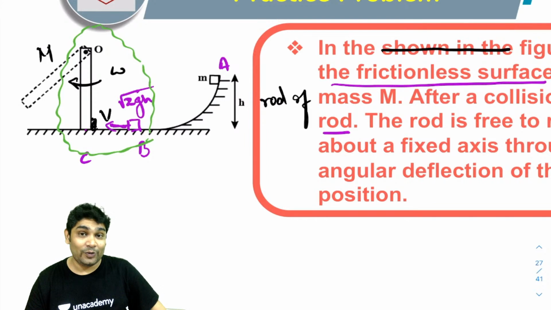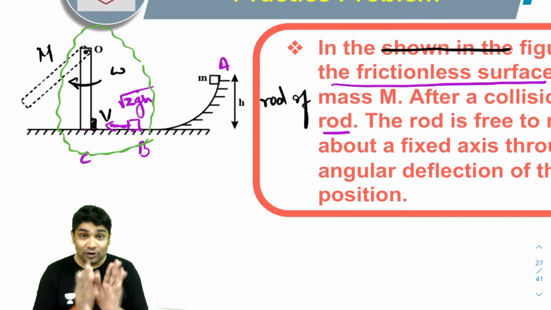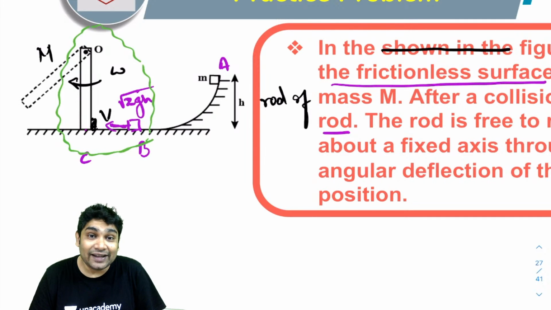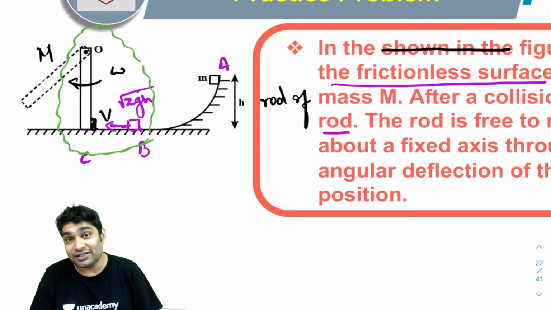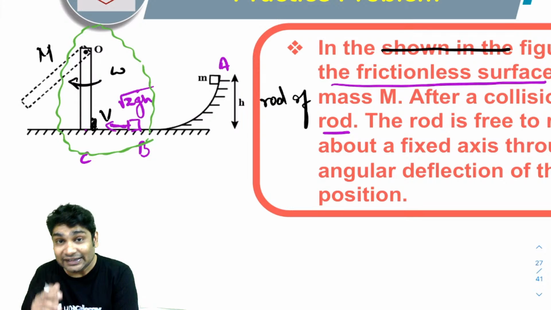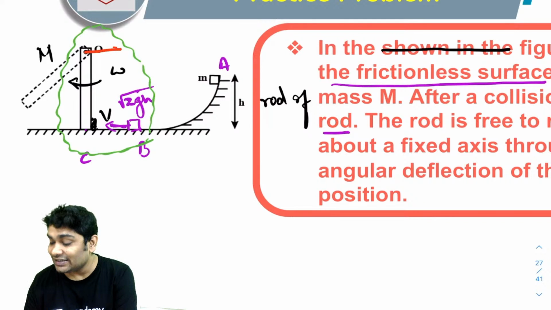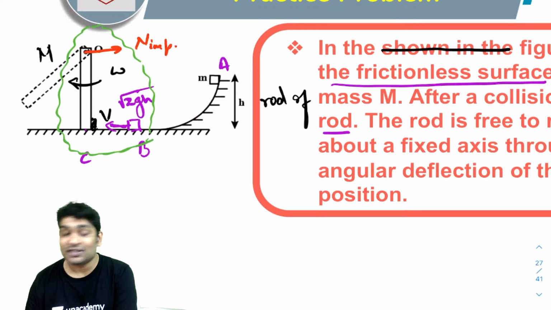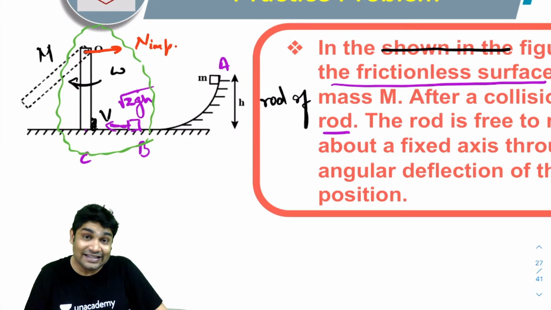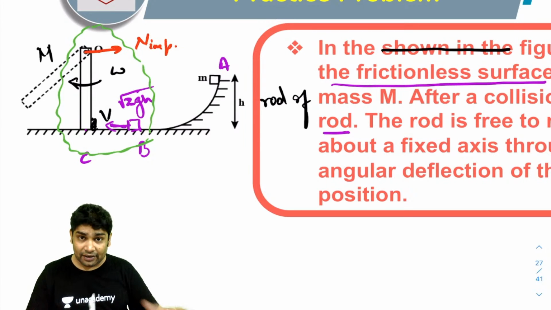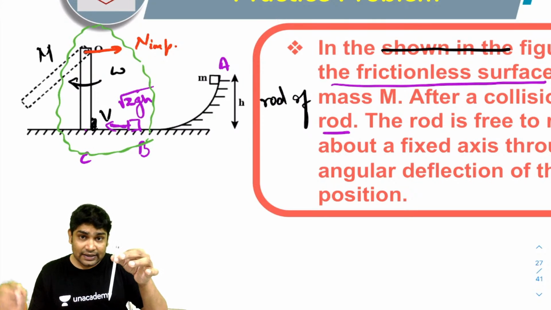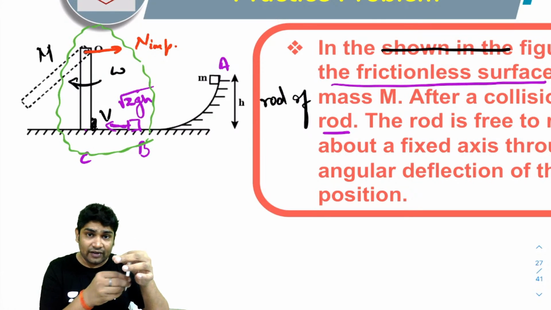Turns out no. See, when can you apply momentum conservation? If there is no external impulsive force in a system during collision. However, during this collision, you will have an impulsive normal reaction which will come from this hinge. If this was not hinged, then when this collides, this would not have stuck here.